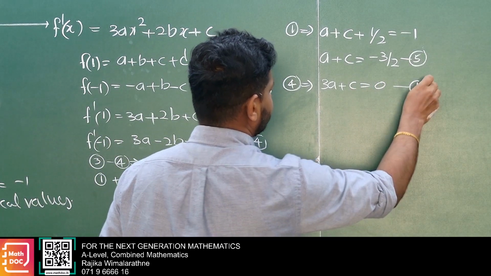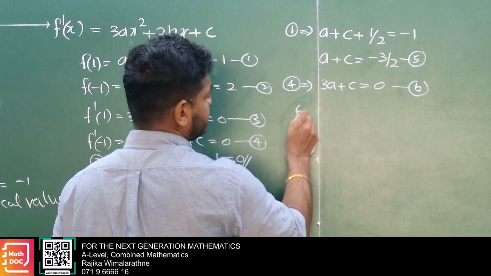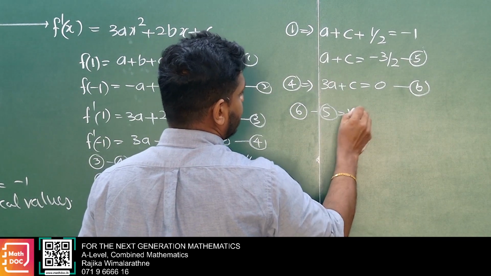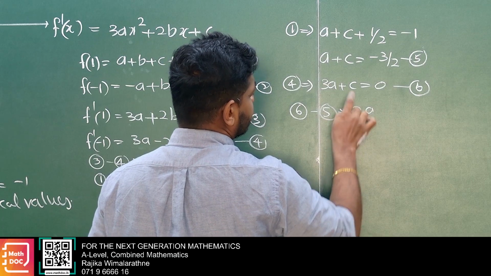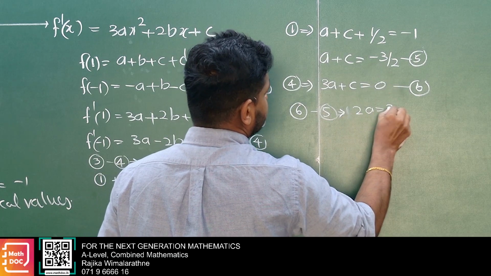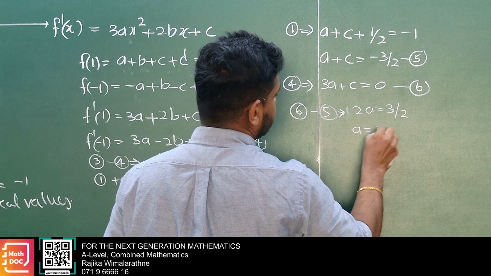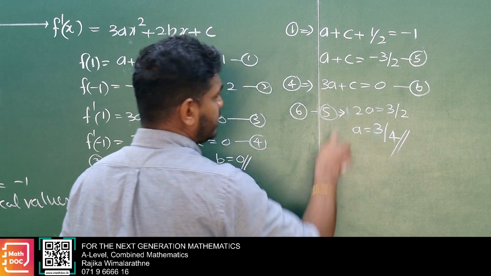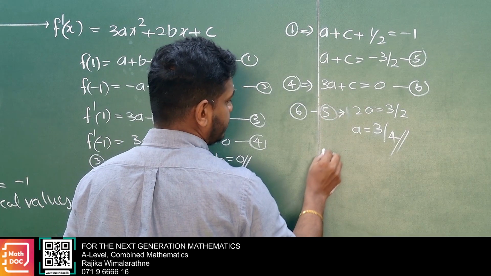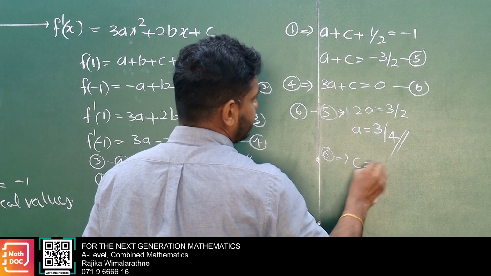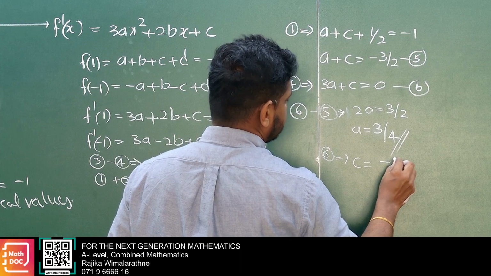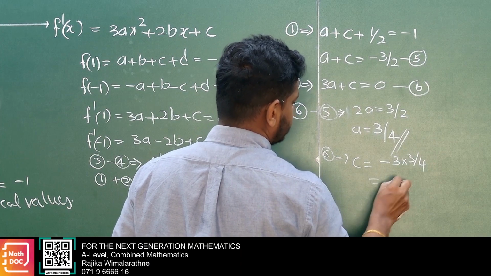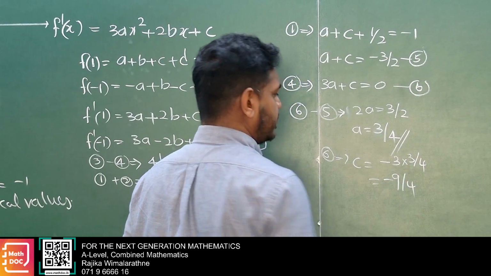Here the sixth one. Now solve the simultaneous equations. 6 minus 5: here 2a, cancel c, equals 3 over 2, so a value is 3/4. Then by 6, c value is minus 3a, 3 times 3/4, that is minus 9/4.